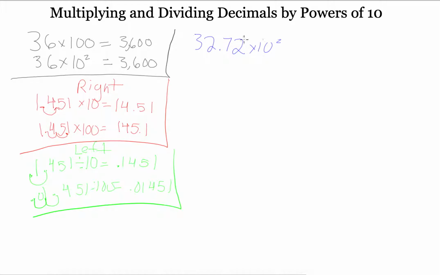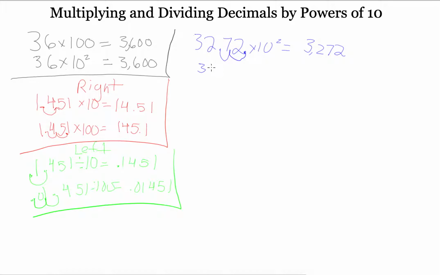So we said 10 to the second is really 10 times 10, which is 100. So all we're doing is multiplying this number by 100. So what we're going to do is move our decimal not one time, but 2 times. So our answer would be 3,272.